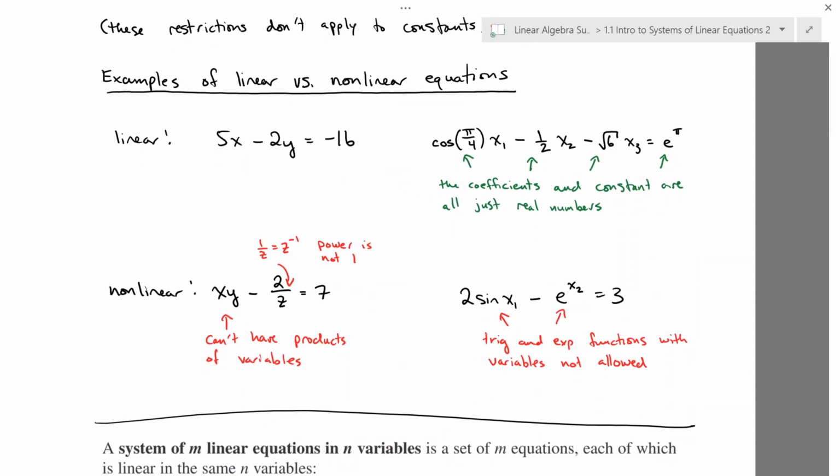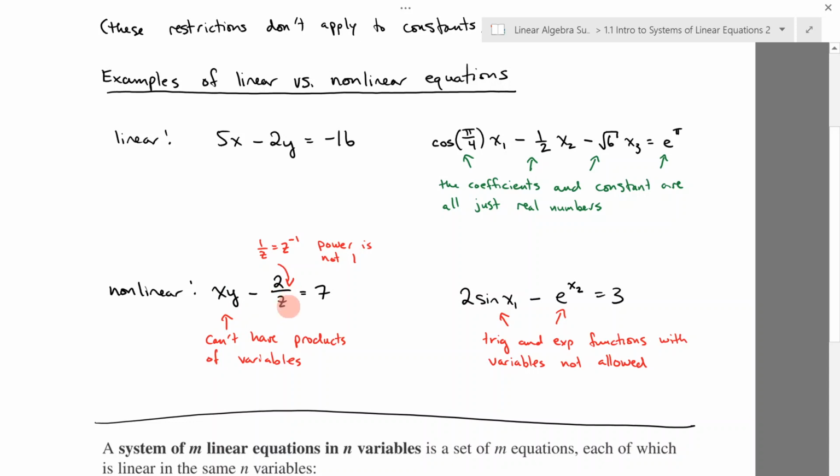And then down here, we have two examples of equations that are nonlinear, and I've indicated what makes them nonlinear. In this term here, I have the variables x times y, x and y multiplying each other, and as we said, we can't have products of variables. And then here we have z appearing in the denominator.